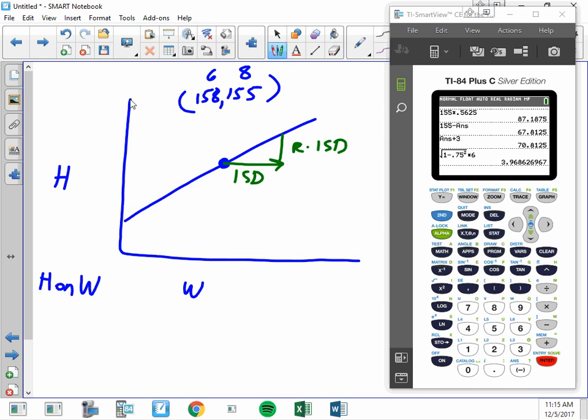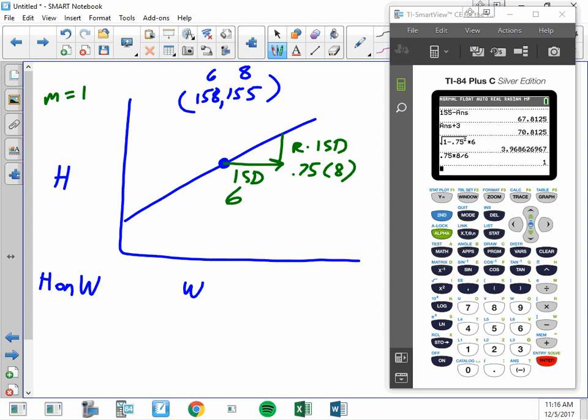I meant 6, and 0.75 times 8. So to find the slope, I need to do 0.75 times 8 divided by 6. So now I got a slope of 1. Okay, so m equals 1.